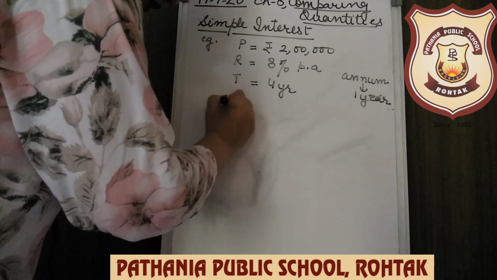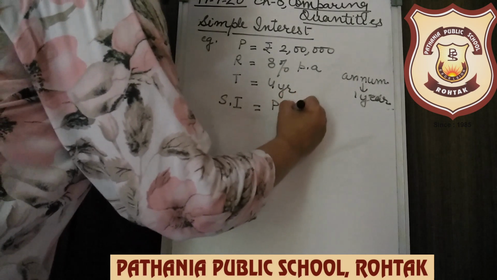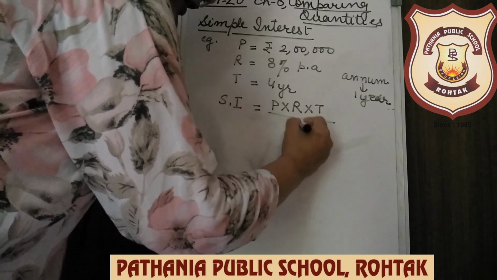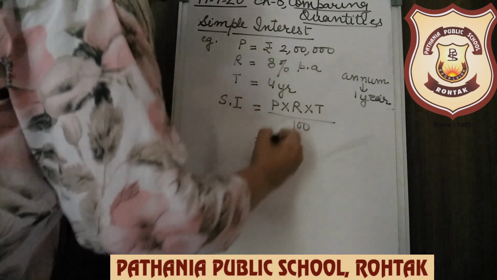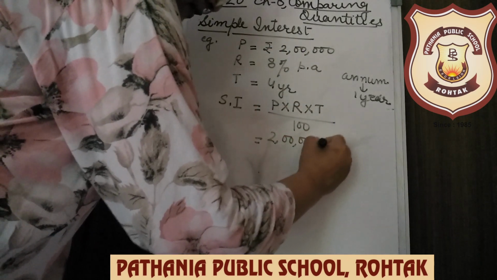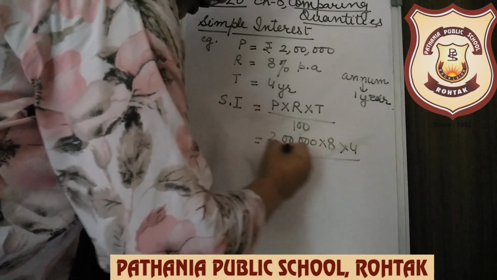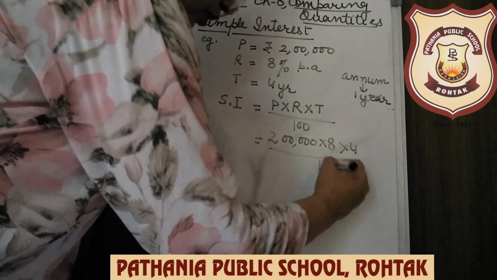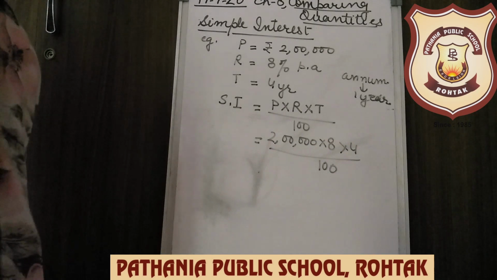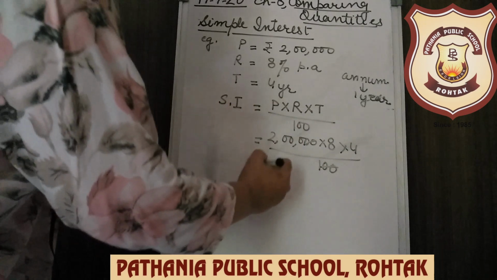So the formula for simple interest: principal multiplied by rate multiplied by time upon 100. What is your principal? 2 lakhs. Rate is 8%, time is 4 years, and percent I have changed to 100. 8 upon 100, these get cancelled.